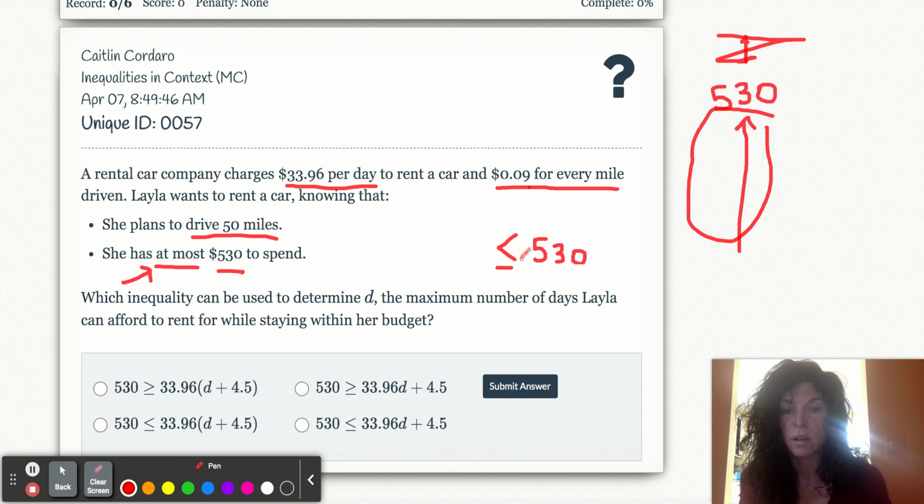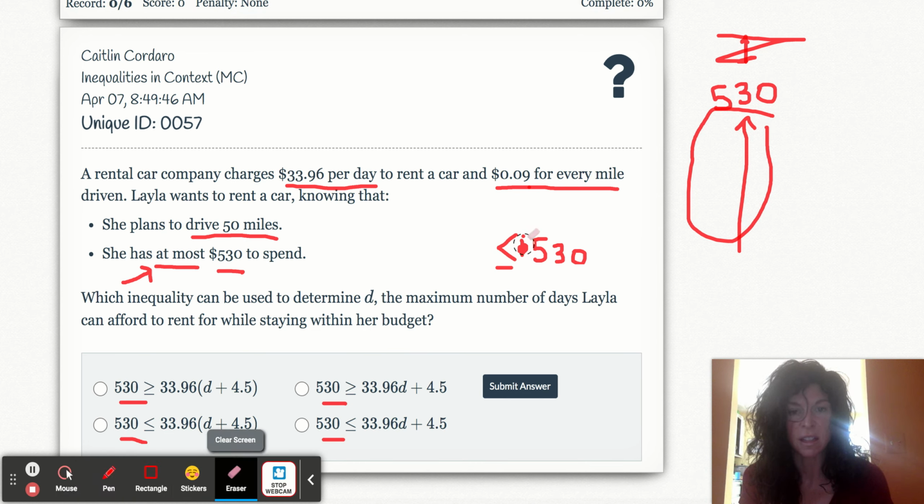All right, so we know that. Oh, and you know what I'm already noticing is that in all of these options here, and this is why it's important to notice things about the options, 530 comes first. So here's what I'm going to do. I'm going to reverse my inequality, but I'm still going to make sure that the big side, the open side of this inequality, is facing the 530.